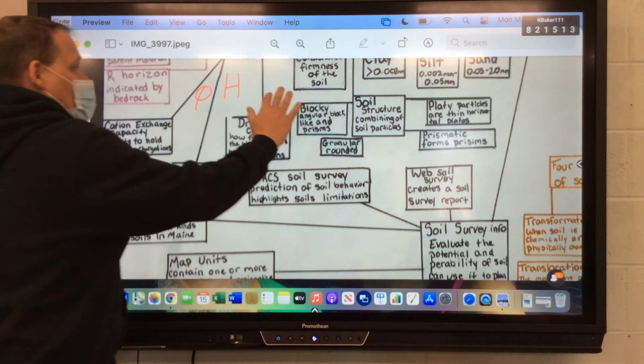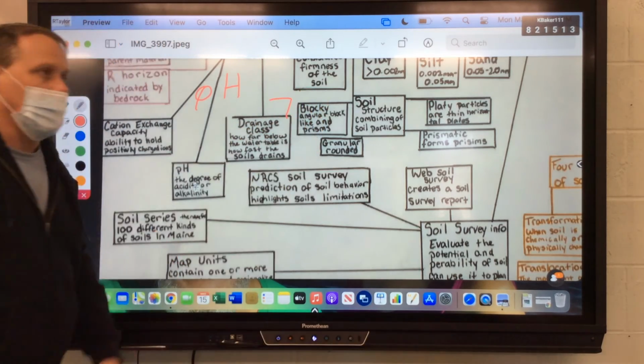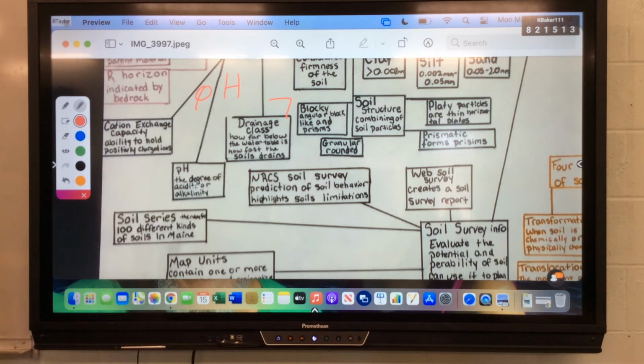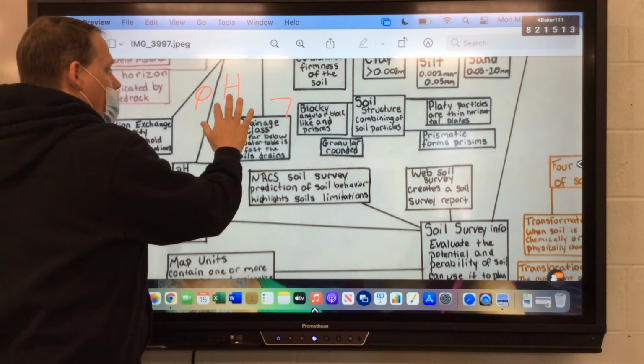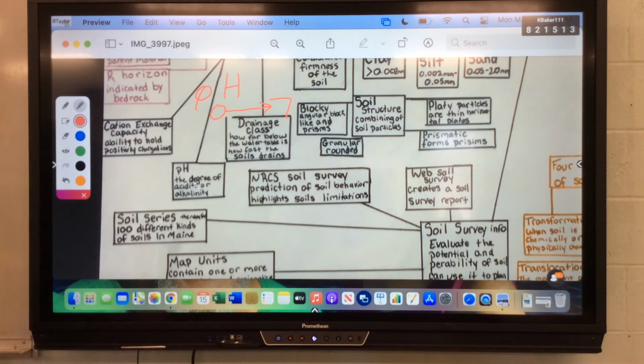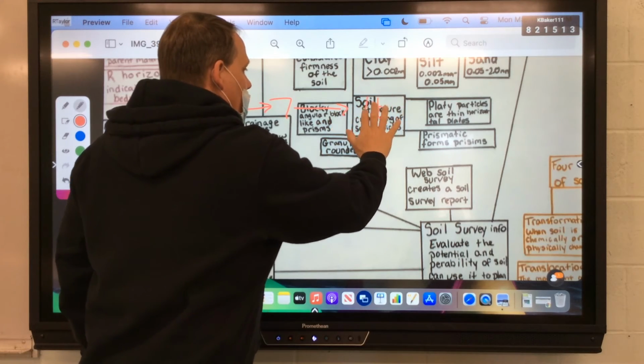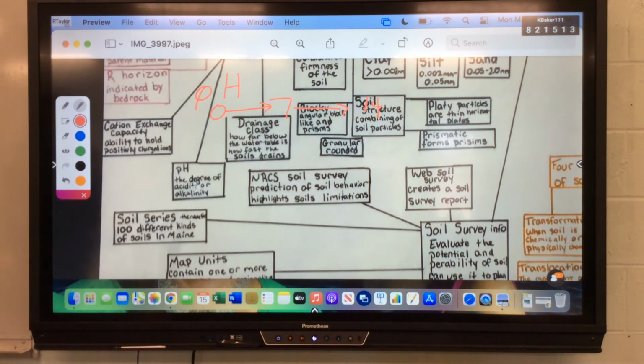And when you look at the pH scale, 7 is in the middle. It's neutral. It starts at 0 and goes 1, 2, 3, 4, 5, 6, 7, and then from 7 to 14. Anything from 0 to 7, what do we call that?